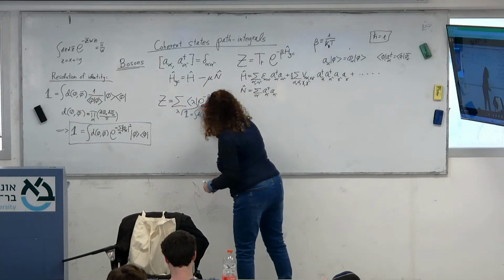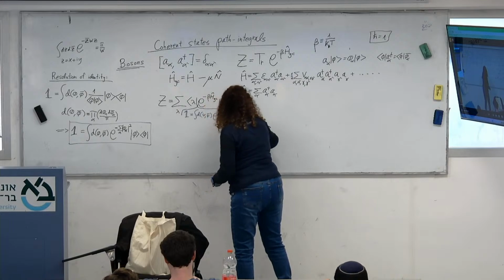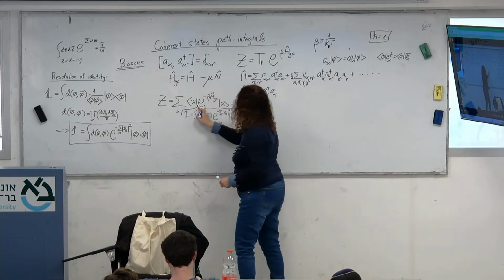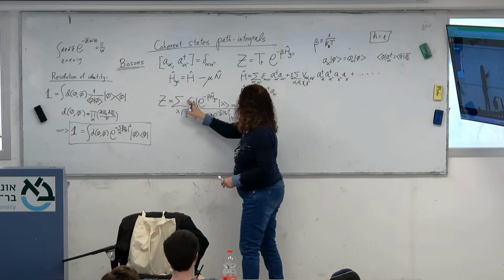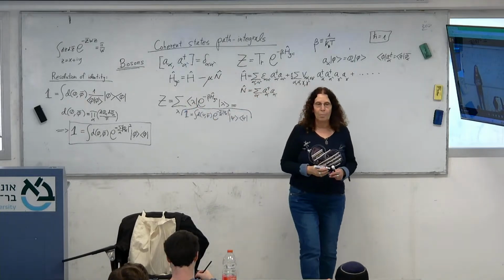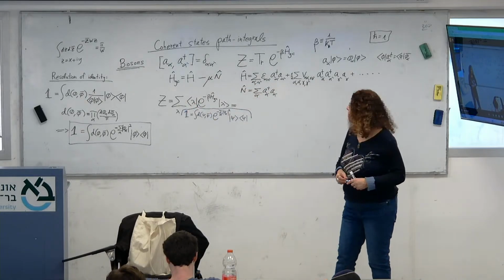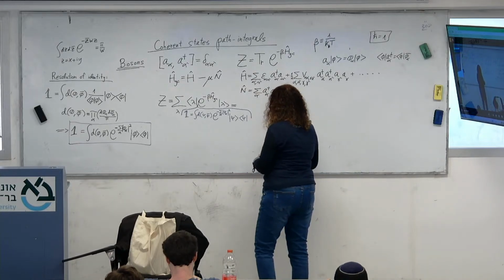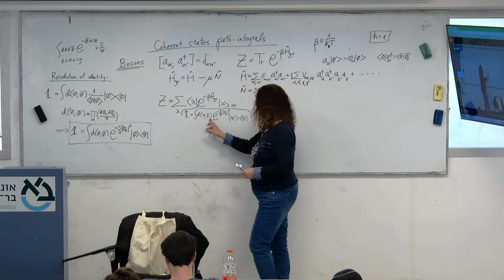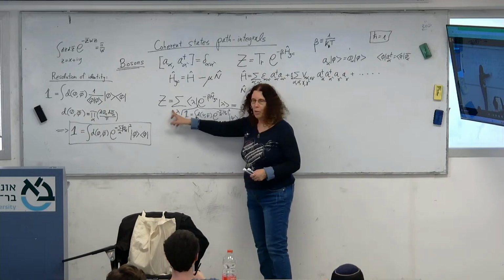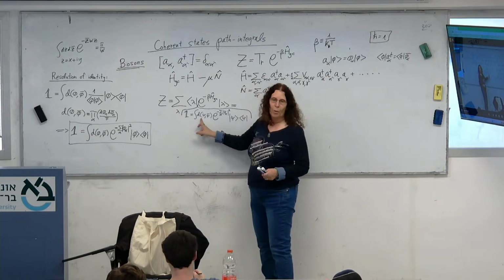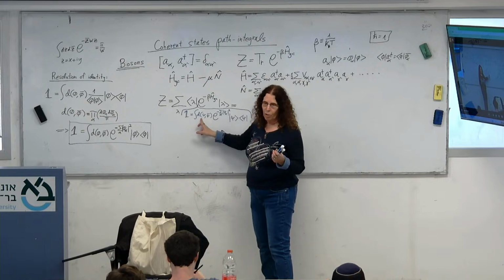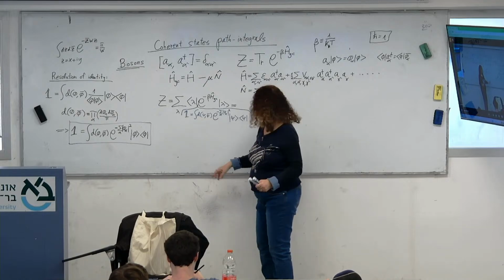Okay? And introduce it between the exponent and the left-hand side lambda. Okay, let's see what we get from it. Now I'm allowed to change the order. I have here a sum over lambda and the integral over psi. I can change the order, no problem.